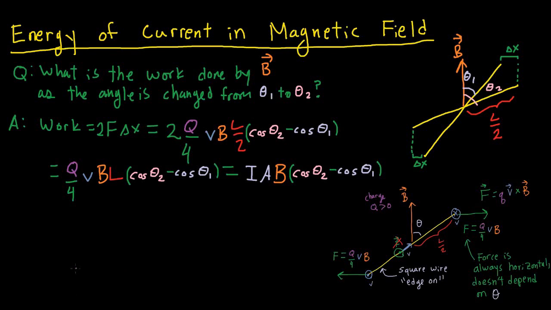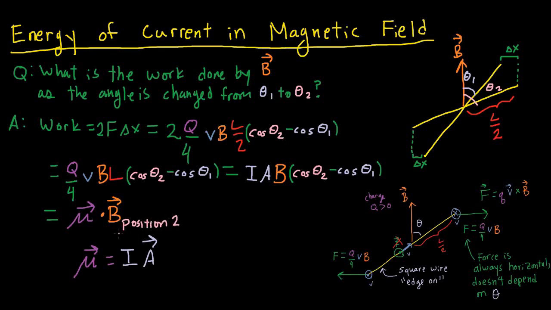Now next, remember that the magnetic moment vector mu is equal to I times A. So this expression right here can be rewritten as mu dot the B field in position 2.